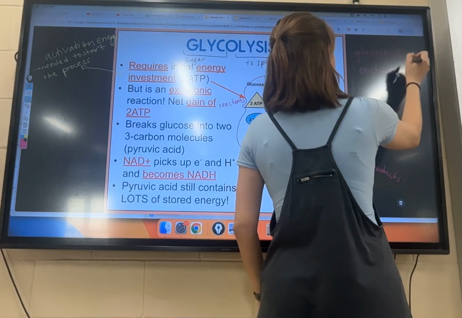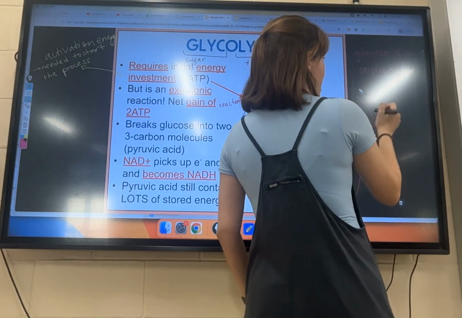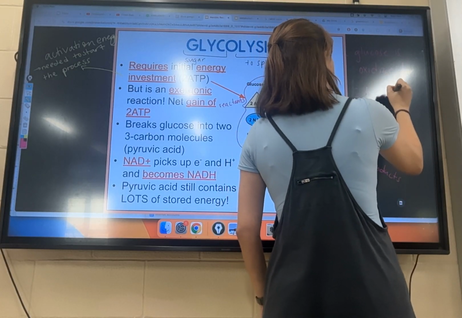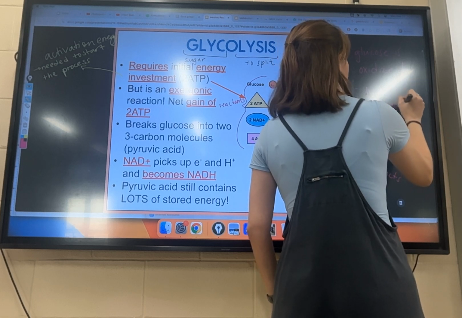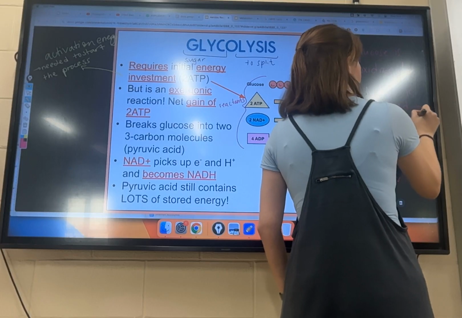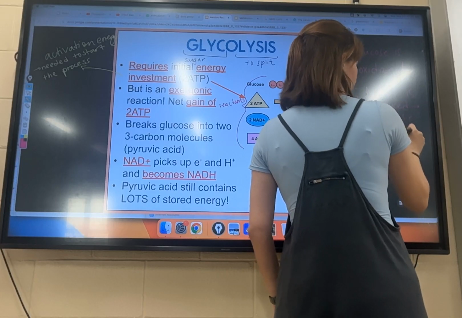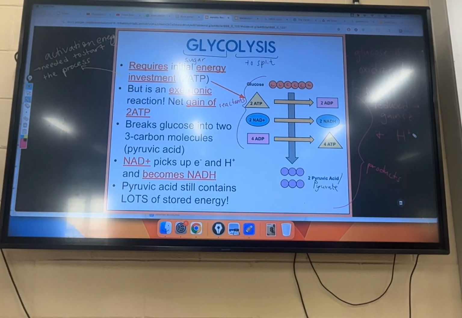It loses some electrons, but somebody picks them up. Our NAD+ is reduced. It gains electrons from that glucose. It also picks up some hydrogen ions. So it gets these super energetic electrons that the glucose has lost, and it gets some hydrogen ions.